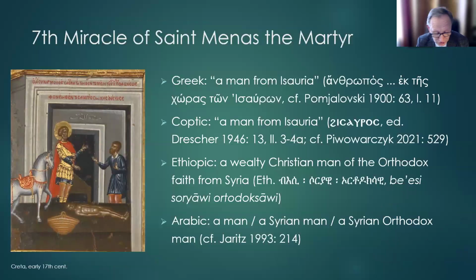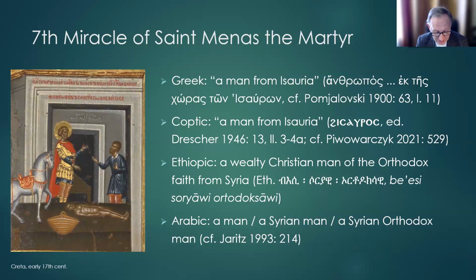The biblical quotation in question appears in the seventh miracle from the Ethiopic collection, though the episode also exists in Greek, Coptic, Armenian, Old Church Slavonic, and Arabic versions. It recounts the story of a wealthy Orthodox Christian from Syria, in Ethiopic, Besi Syriawi Orthodoxiawi, on pilgrimage to Alexandria and the sanctuary of Saint Menas at Mariut.